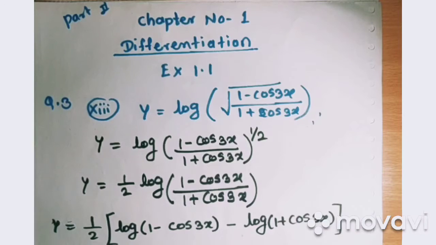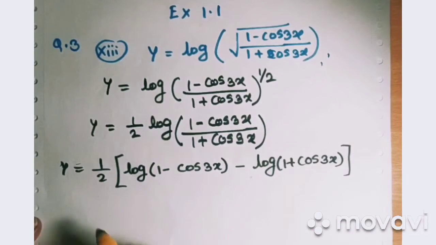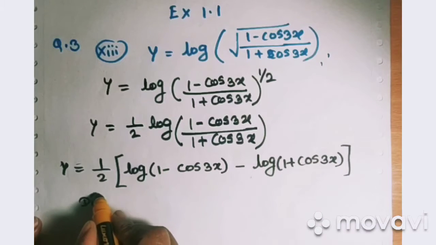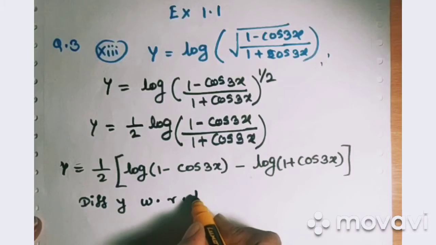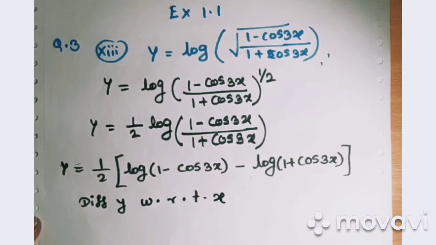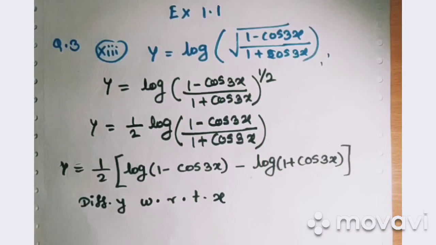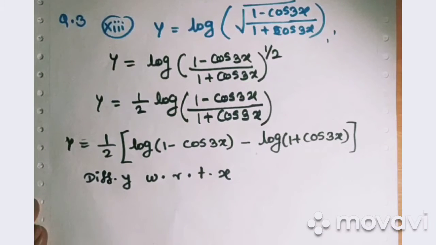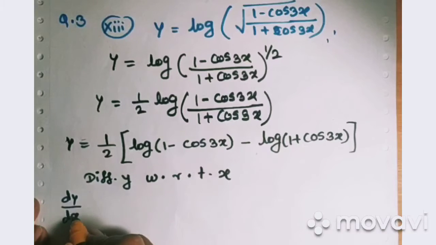After simplifying, we differentiate y with respect to x. Compulsorily, we have to write this line for differentiating the given function. Okay students, then let us take the derivative dy by dx.